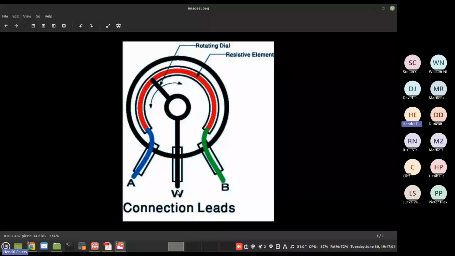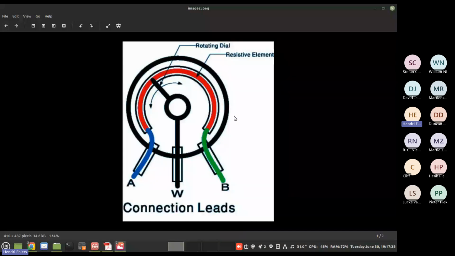In general, the wiper is in the middle, and whenever you move the wiper, whatever is taken away in resistance on this side is added there, and vice versa. So if you turn this wiper all the way down to over here, these 2 points would be short circuit, and these 2 points would be the maximum value of the potentiometer.